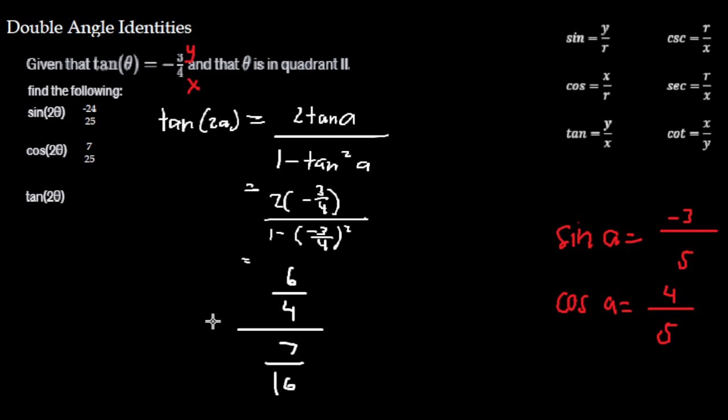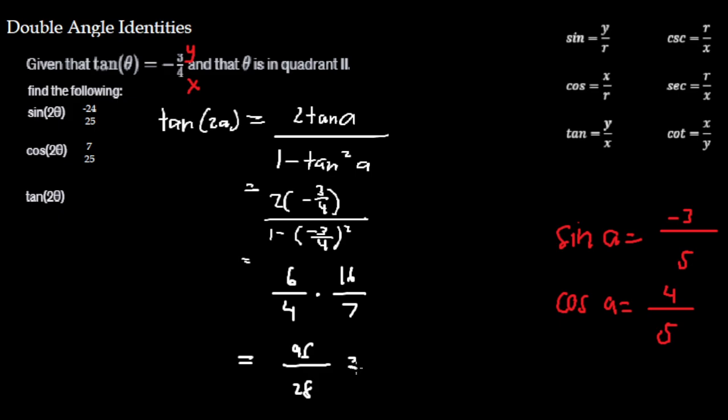Since division, kukunin natin yung reciprocal ng denominator, which is 16 over 7. I-multiply natin. Multiply 16 times 6. 16 times 6 will be 96 over 4 times 7, which is 28.